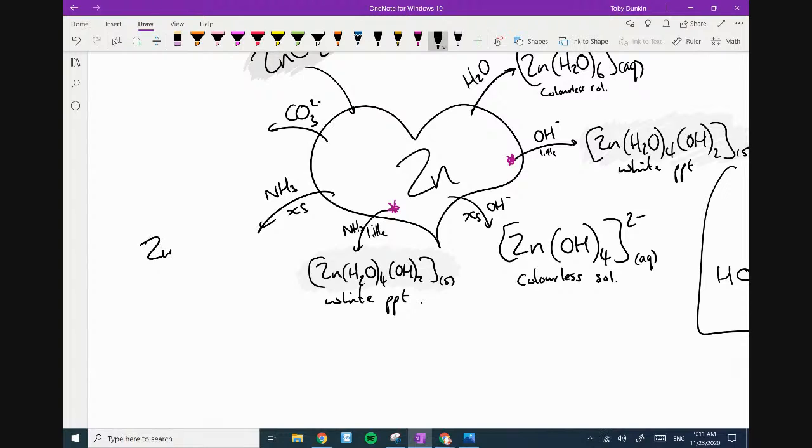Zinc, same routine. But it's 4, only 4. If it was a 3+, it'd go to 6, but it doesn't. It's a 2+. It's not quite attractive enough to form a hexaammine complex, but this time forms a tetraammine.